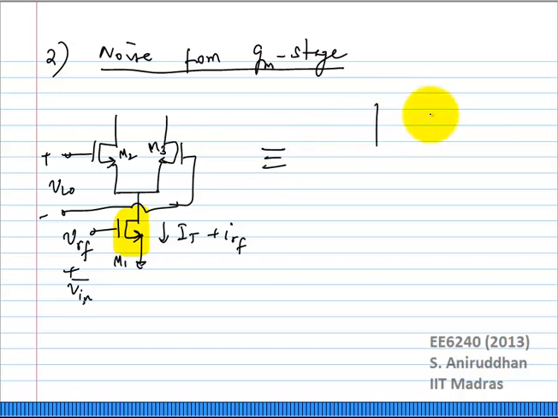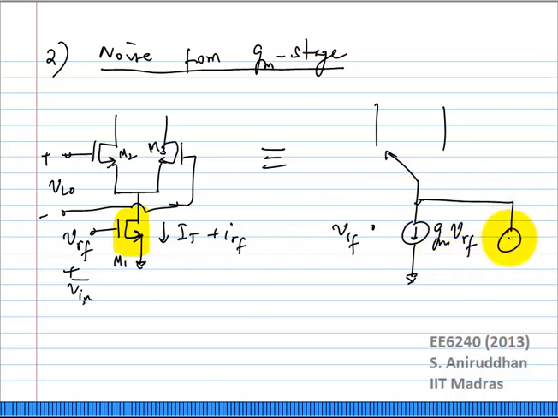I am going to say it is the same as if you had a switch. So this is GM times VRF, but along with that I have the noise from IN. So let me remove this for now. I have the noise from M1, the thermal noise, the drain thermal noise.